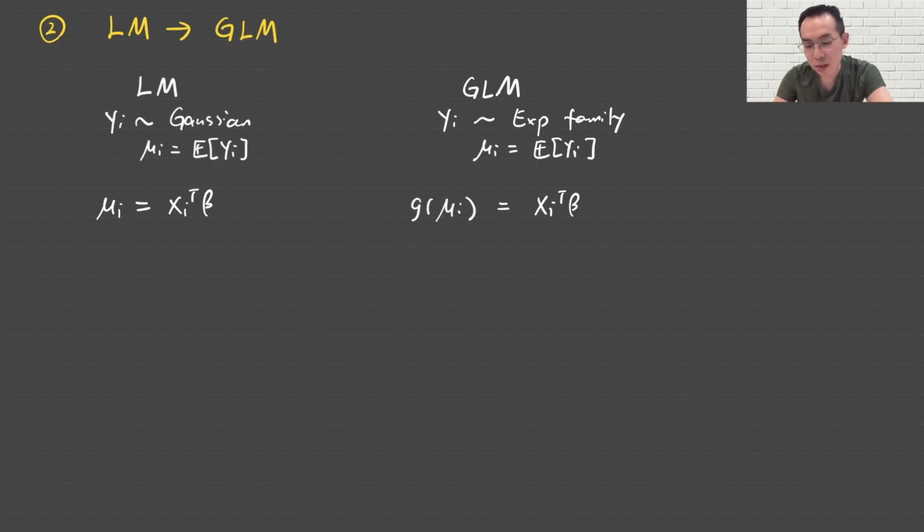For the generalized linear model, we would like to consider yi to follow some exponential family distribution. Here, we can still write mu i as the expected value for yi. But the key difference is that we also need a function g to transform the expectation. This g here is called a link function.